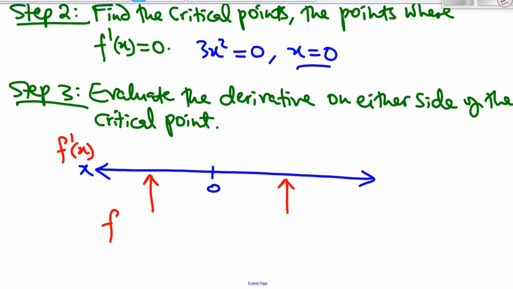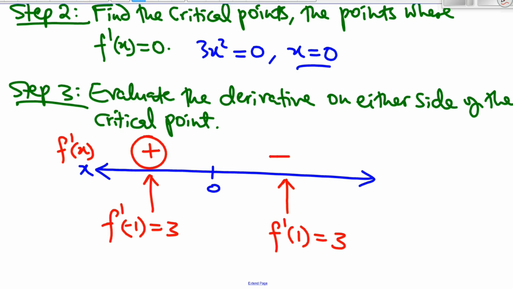For example, when x is -1, what will be the first derivative? If you plug in -1, you'll end up with 3. If you plug in 1, you'll end up with 3, which means the sign of the first derivative on either side of the critical point is positive.